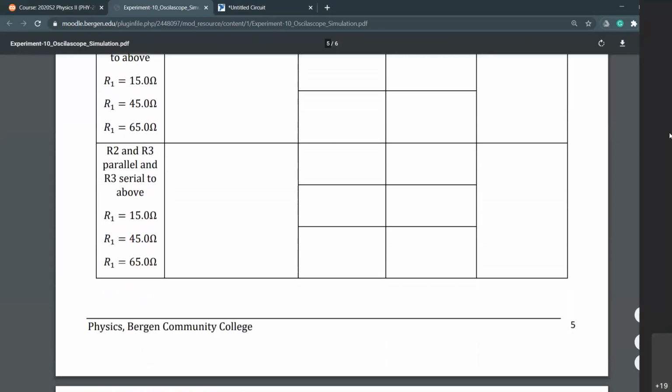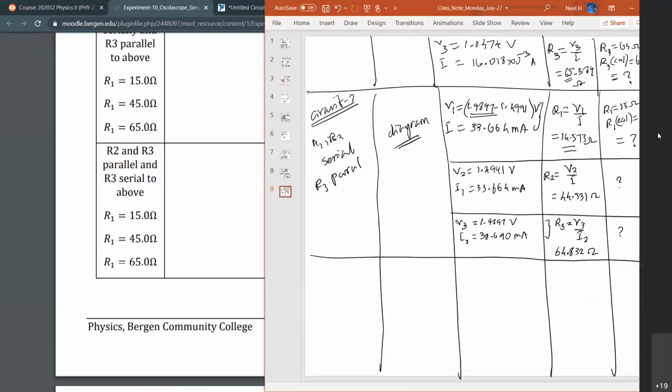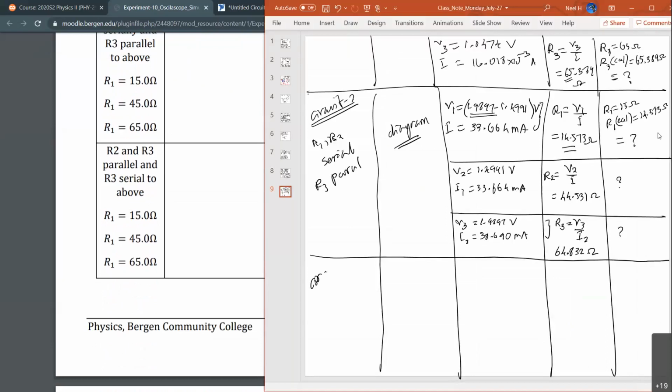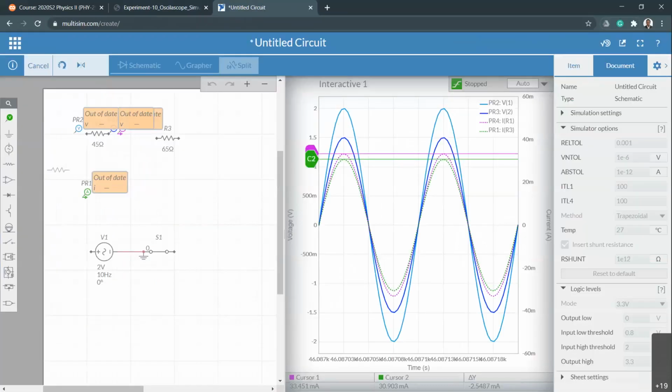Let me write it down on this table to clarify. Circuit number 3: R2 and R3 serial, and then let's put R1 parallel. Make sense? So there's a typo on your table. Okay, please change that. And then let's build a new circuit.